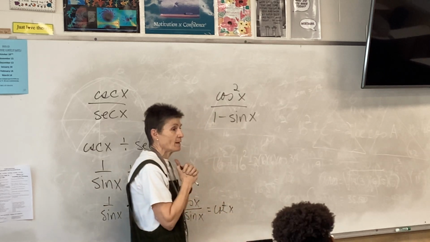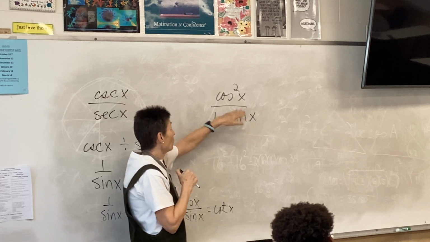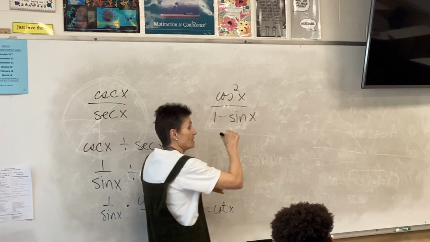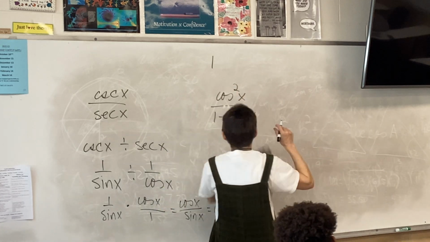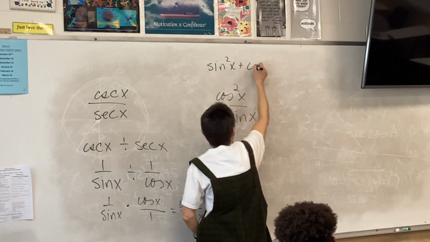They got to be squared. So there's nothing to do with the denominator. But what is cosine squared the same as? It's not 1. It's sine squared plus cosine squared equals 1.